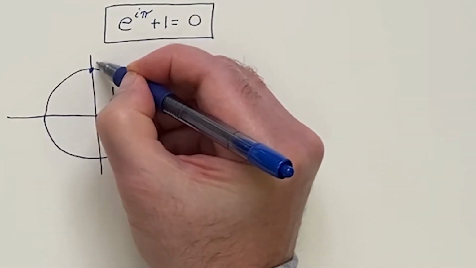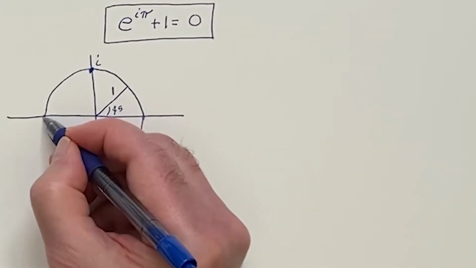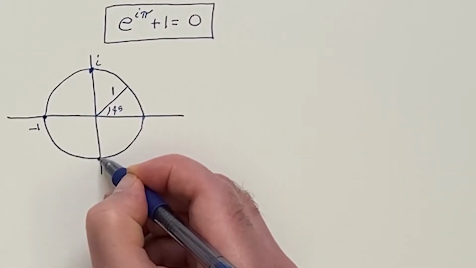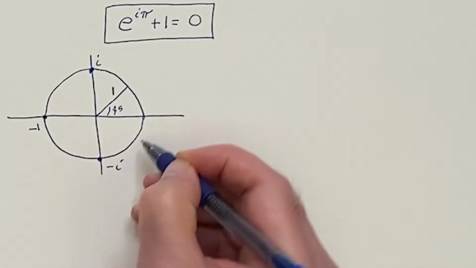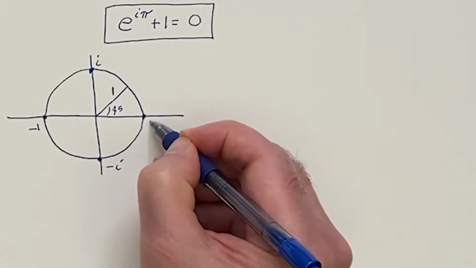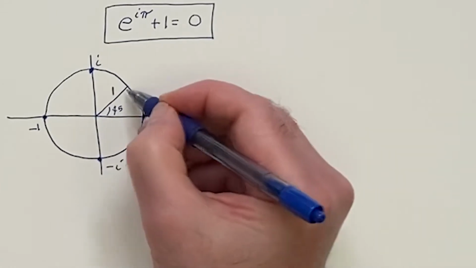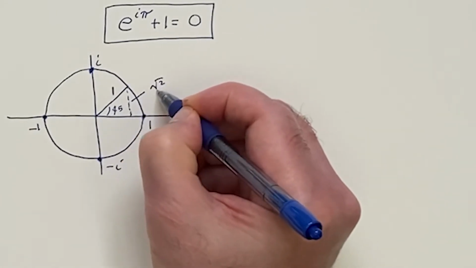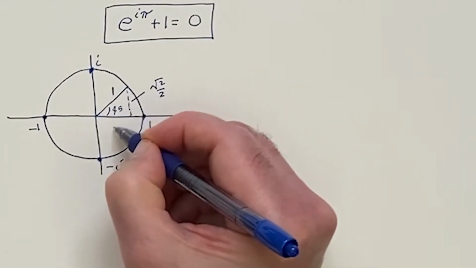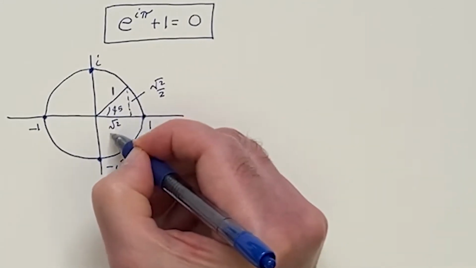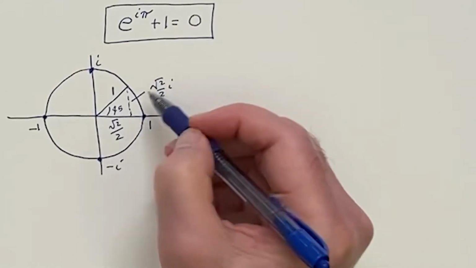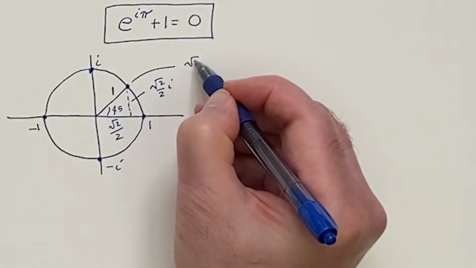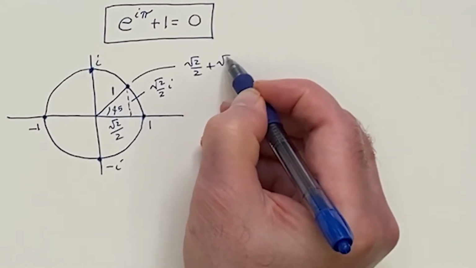So this is north is i, west, -1, south, -i, and east is 1. Notice that this is square root of 2 over 2 and square root of 2 over 2, and this will have an i. So this point here is the square root of 2 over 2 plus the square root of 2 over 2 i.